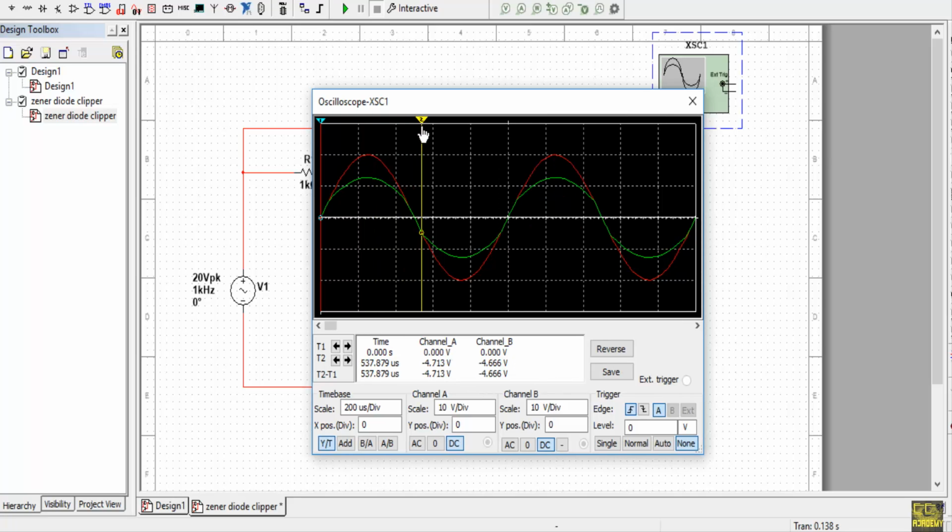See, from this point to this point our output is following the input waveform, and when the input is at its negative maximum, let's say minus 19.938 volt, our output is equal to minus 12.783 volt. And see, our output voltage is nearly sinusoidal, and I got the negative maximum equal to minus 12.85 when Vi max is equal to minus 20 volt. Okay, so this verifies my circuit analysis.